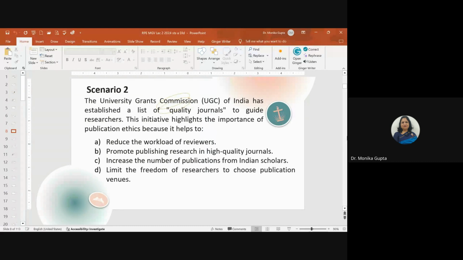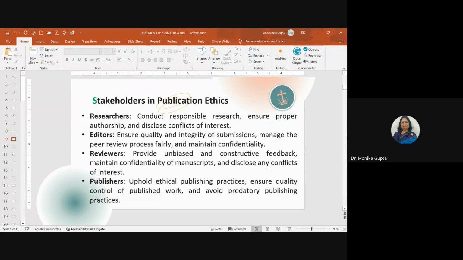According to you, what could it be? Ma'am, I feel option B, to promote publishing research in high quality journals. Yes, option B. Okay, so you are right. This is option B.